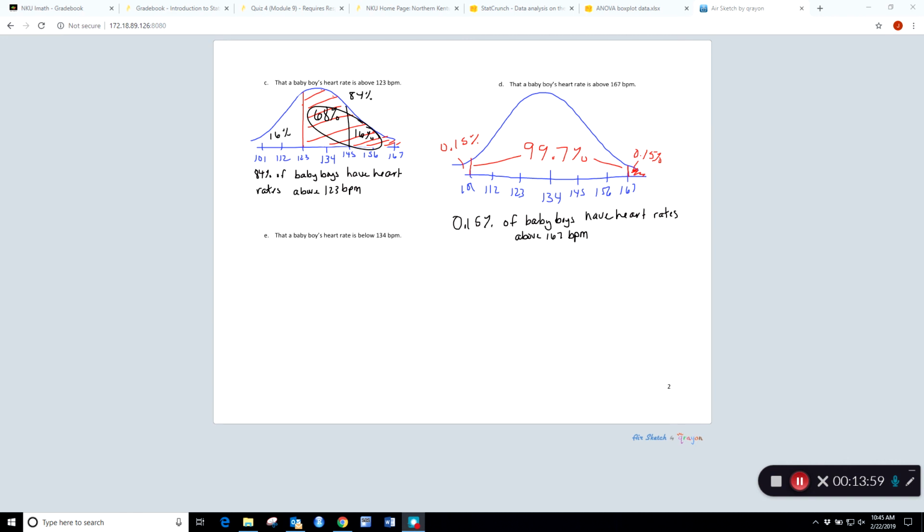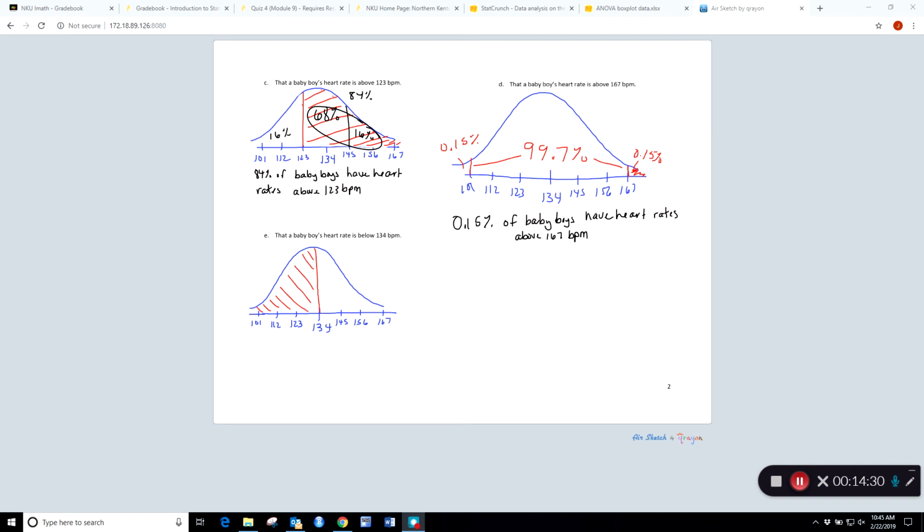Alright, for the last problem for this example, we're just trying to find the probability that a baby boy's heart rate is below 134 beats per minute. Again, same numbers along the bottom. And this time we're just trying to find below.